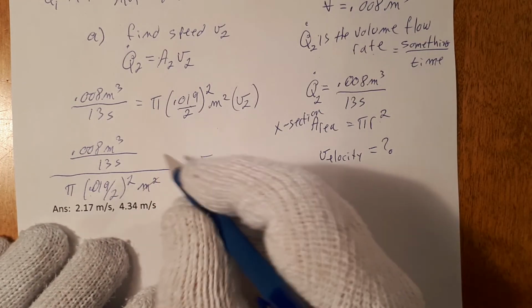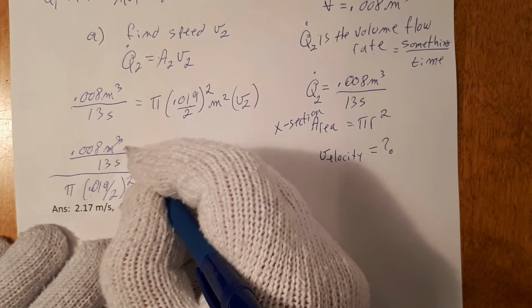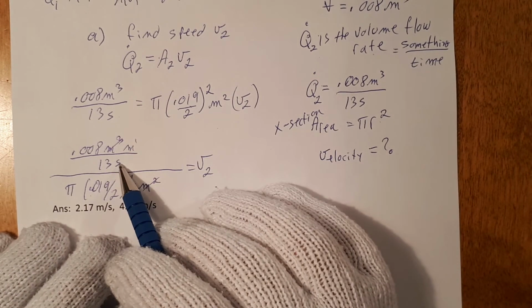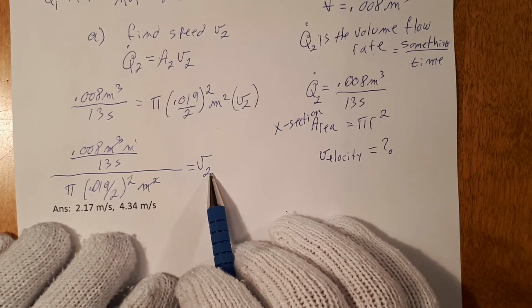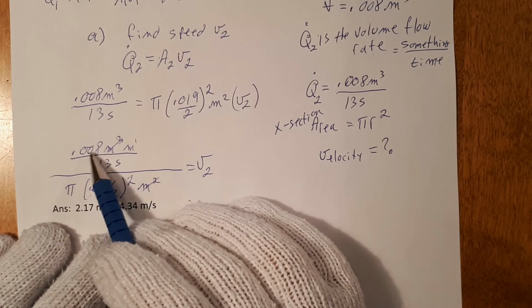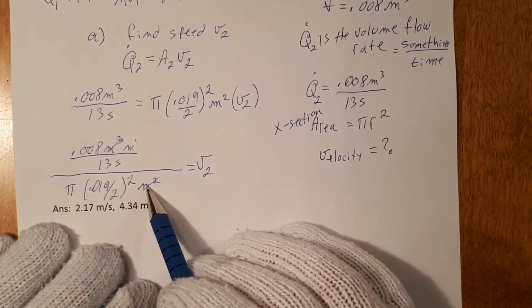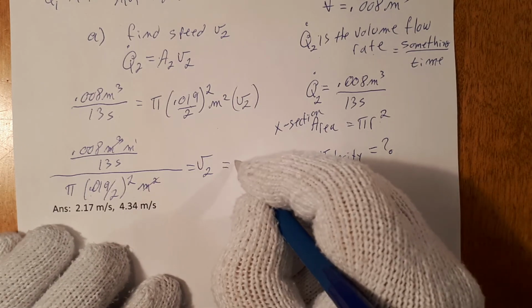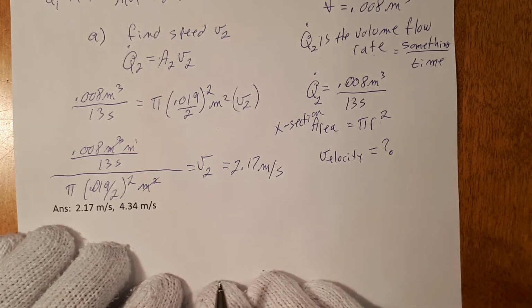Looking at the units, meters squared, and this is 3 cubic meters, so 2 will cancel and 1 is left over. So the units will be meters per second, the proper units for velocity. Putting this in the calculator, 0.008 divided by 13, everything divided by what we see down here, that will give us 2.17 meters per second.